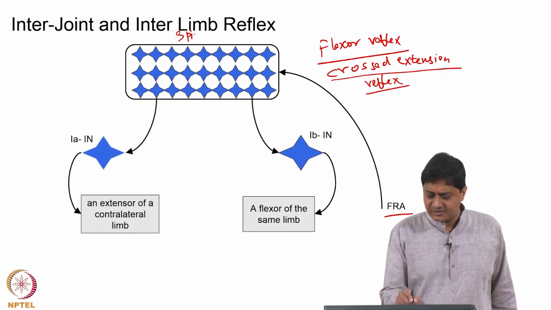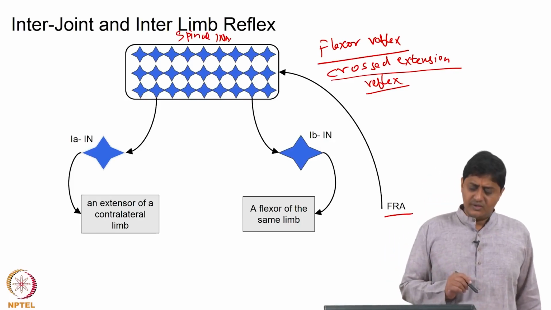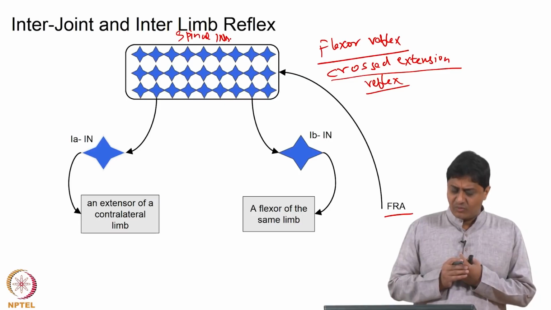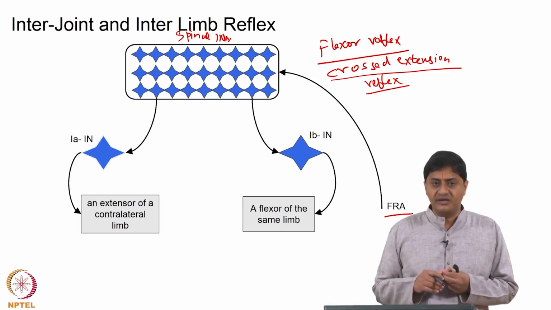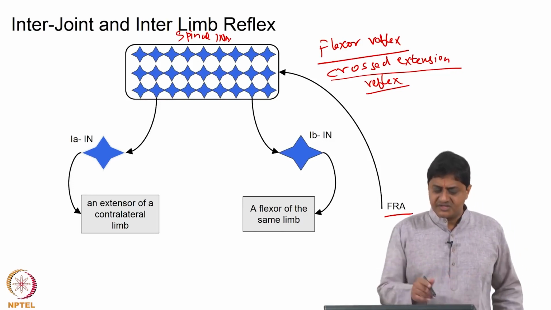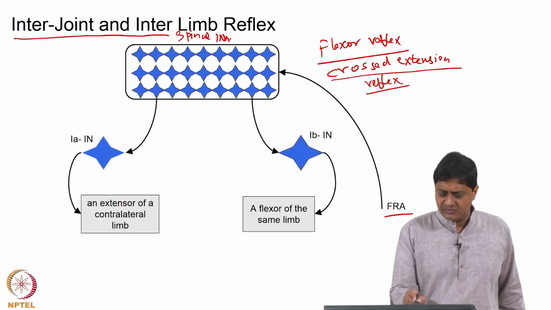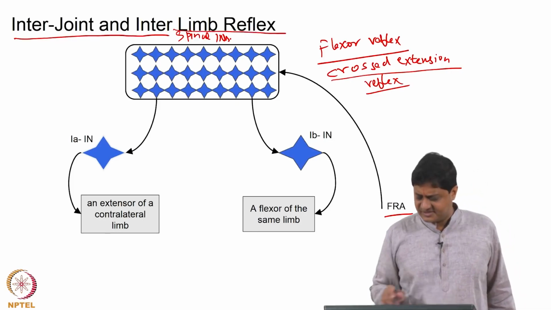And these also involve several spinal interneurons. Now again, one more thing to see is that there is also between joint coordination that is achieved, which is also similar to the mechanism that is described here.